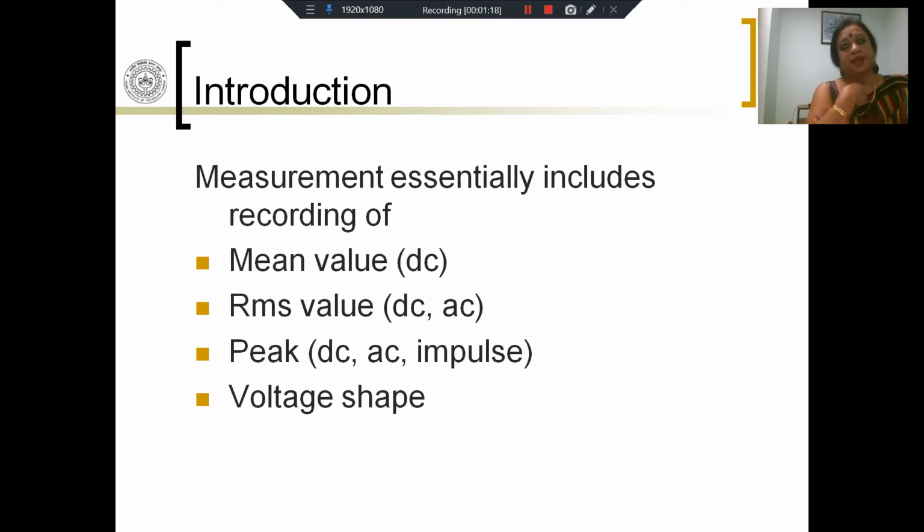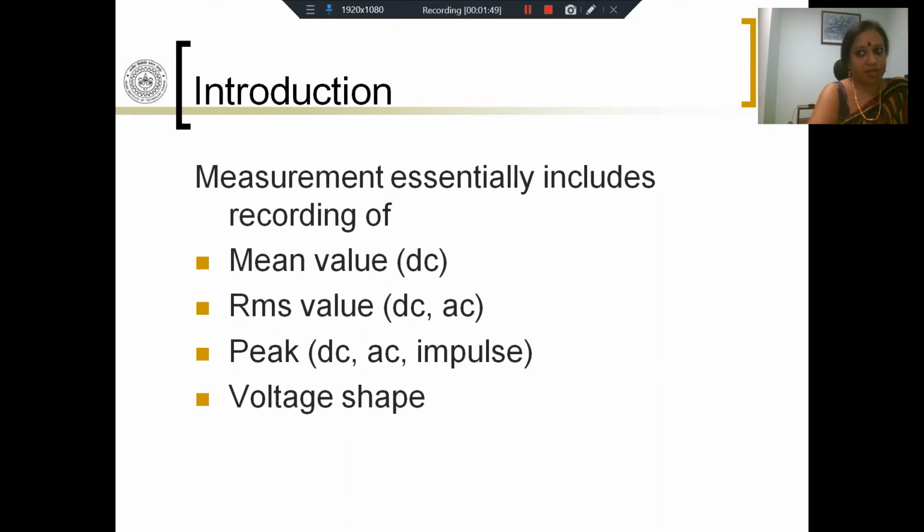And given that high voltage engineering involves a lot of extreme voltage values, involves breakdown at the extreme values, the peak values, we are often not interested in the RMS quantities, but rather more interested in the peak values where various phenomena would occur. So for DC, AC, as well as impulse voltages, we are interested in the measurement of peak voltages.